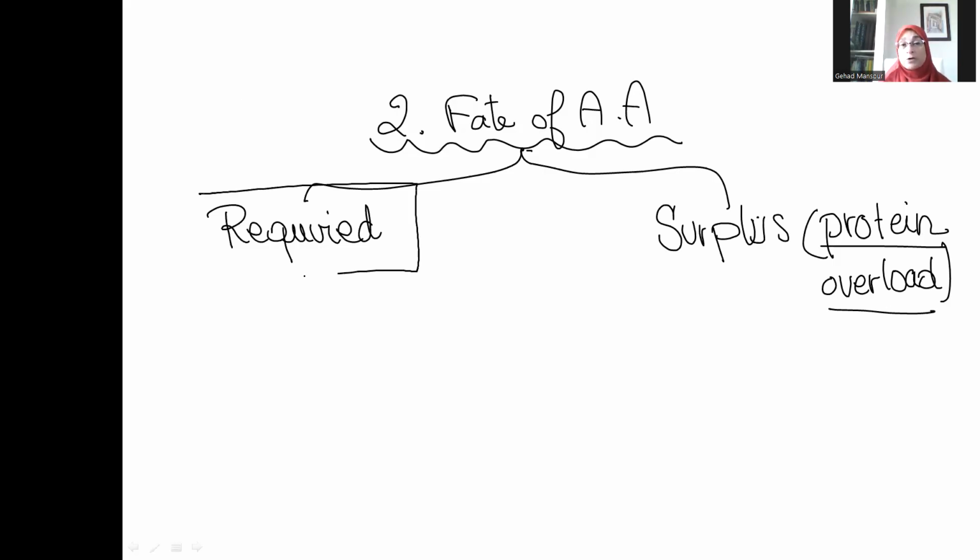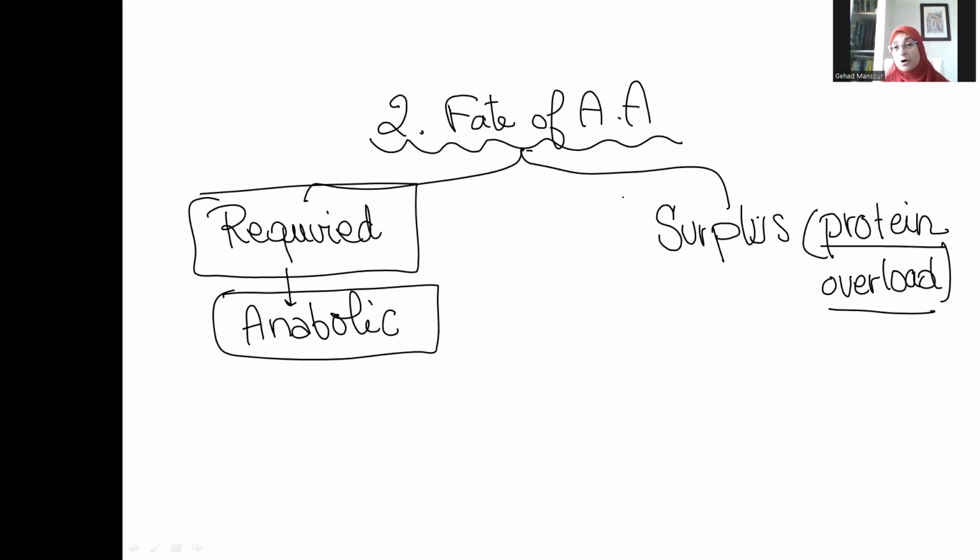The fate of the required amino acids is an anabolic fate, or a building up fate, and the fate of the surplus amino acids is a catabolic fate.